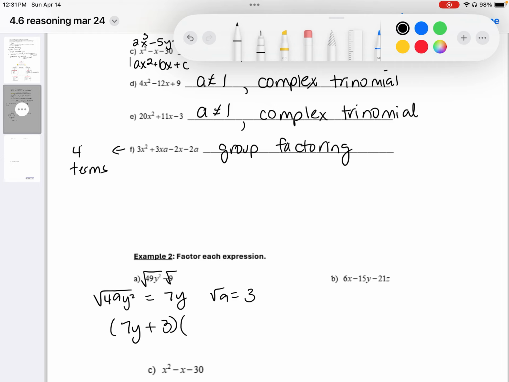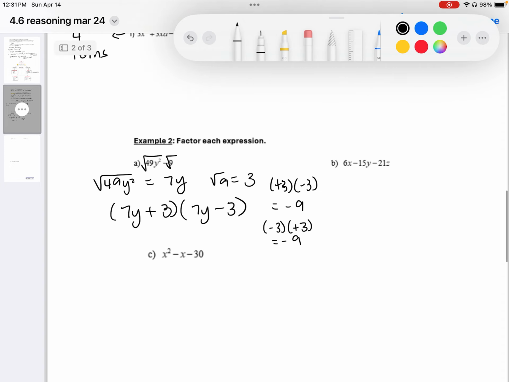So plus 3 minus 3, and it doesn't really matter if you put the plus or the minus first. In the end, if you do positive 3 times negative 3, you're going to get negative 9. And if you do negative 3 times positive 3, you would also get negative 9. So that doesn't matter, just like before.